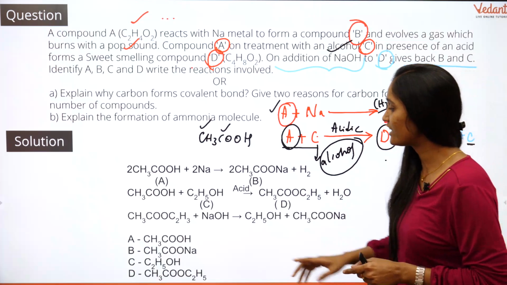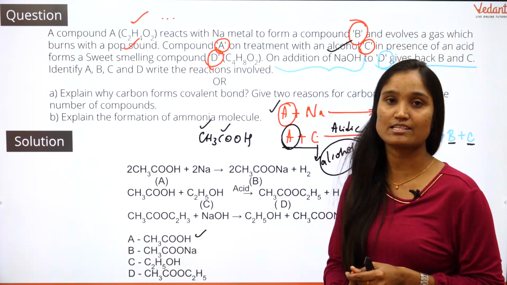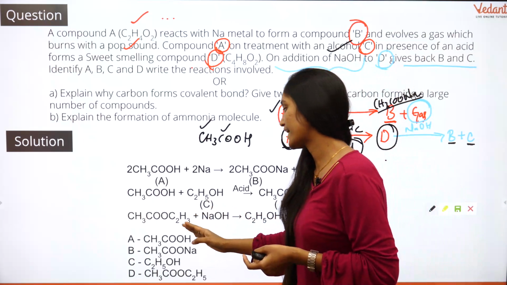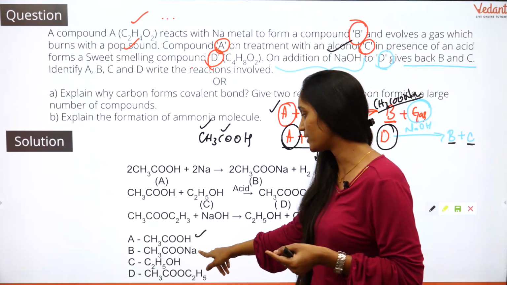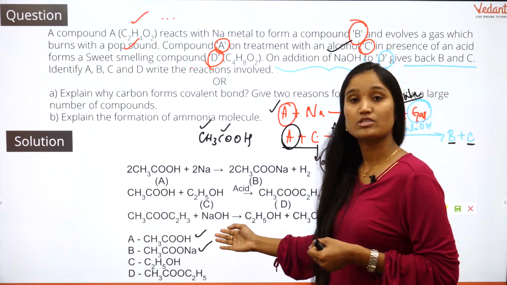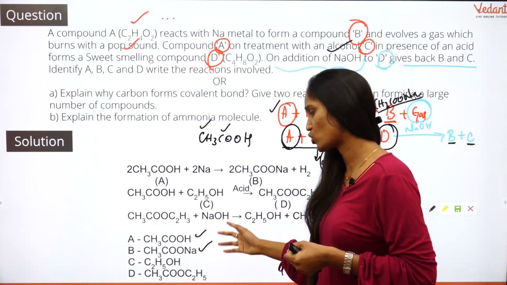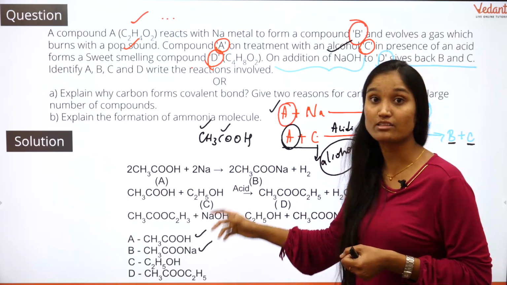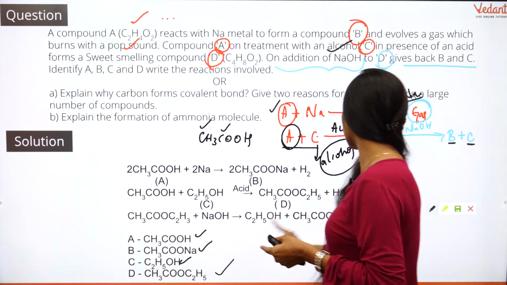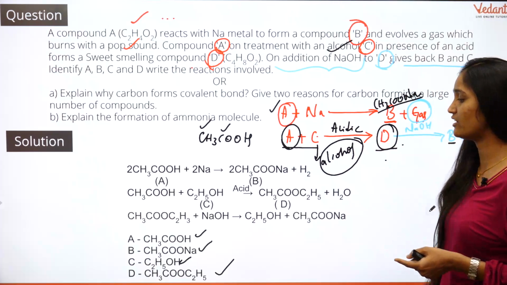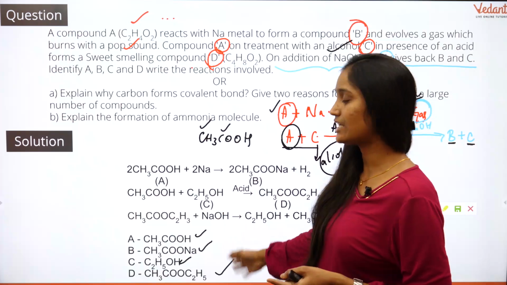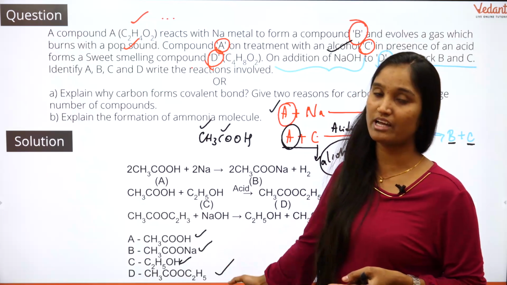So ultimately A is acetic acid, or you can also call it ethanoic acid, CH3COOH, and B is CH3COONa, which is nothing but a salt of sodium. We call it sodium acetate or sodium ethanoate, followed by C, alcohol, and ultimately D, the ester which is being formed over here, CH3COOC2H5.